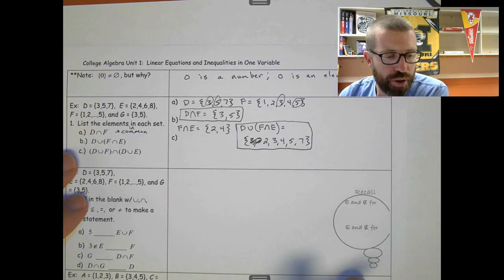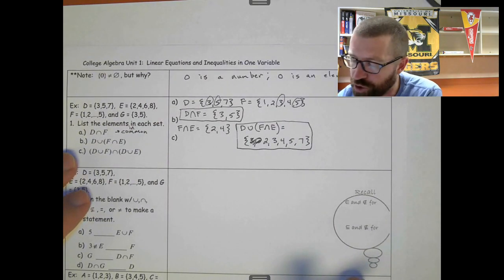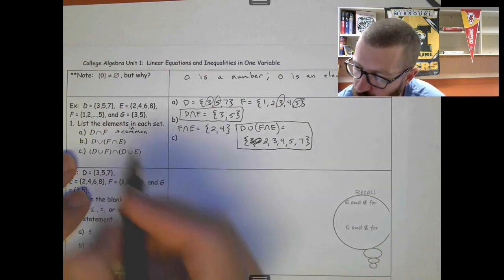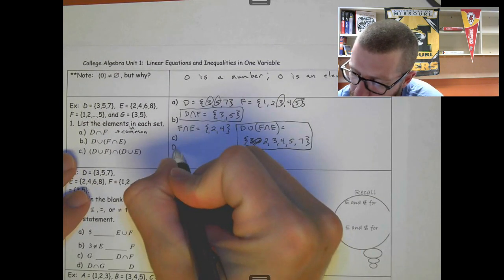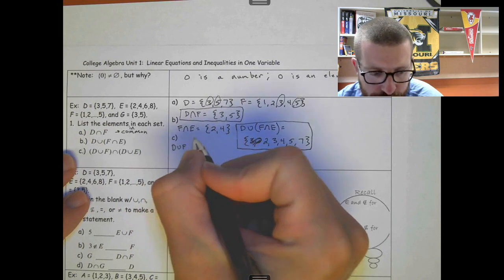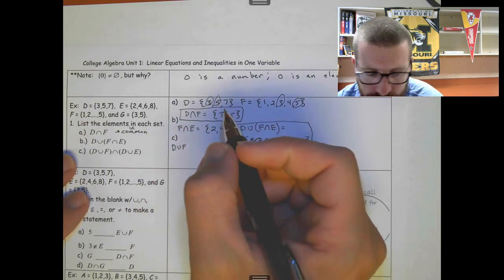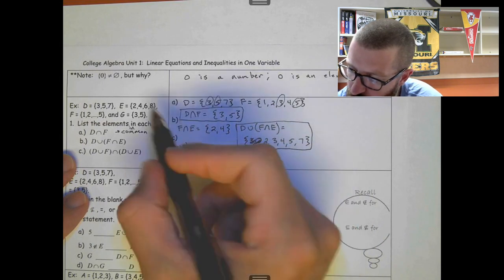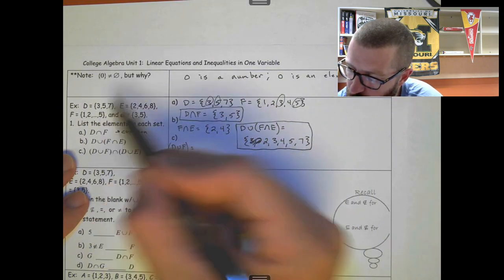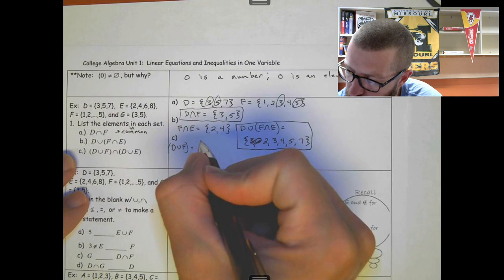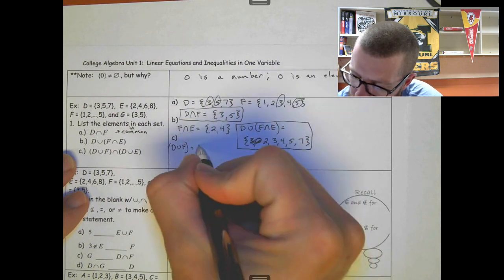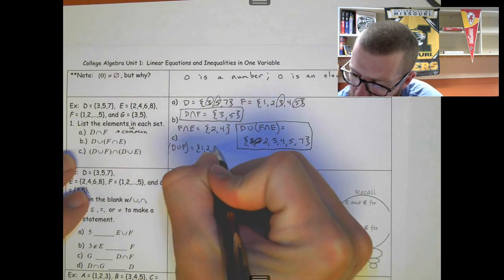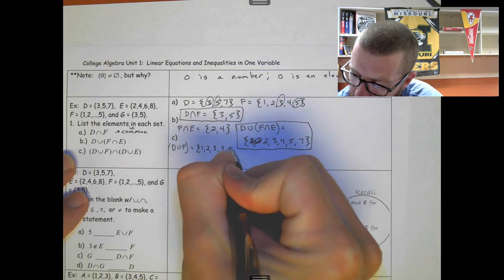And then for C, we're going to find these two unions and then see what they have in common. And so D union F would be all of these things, and we won't write, well, I guess we will write that. So it'd be 1, 2, 3, 4, 5, and then 7.